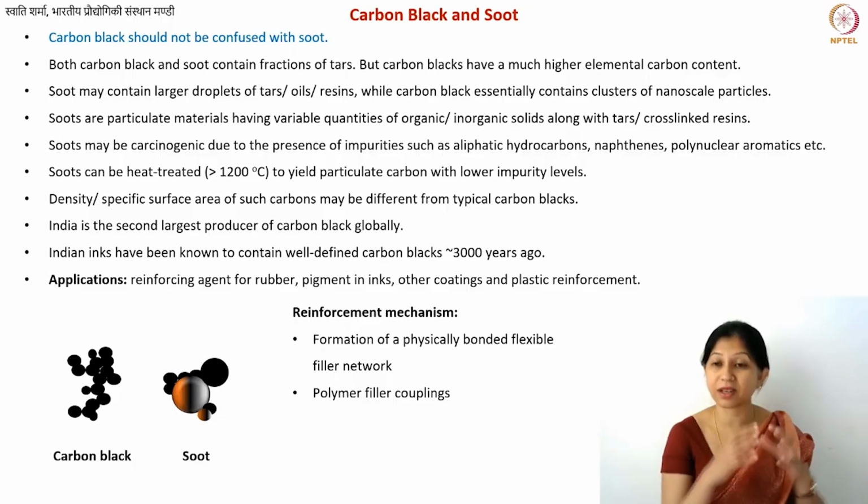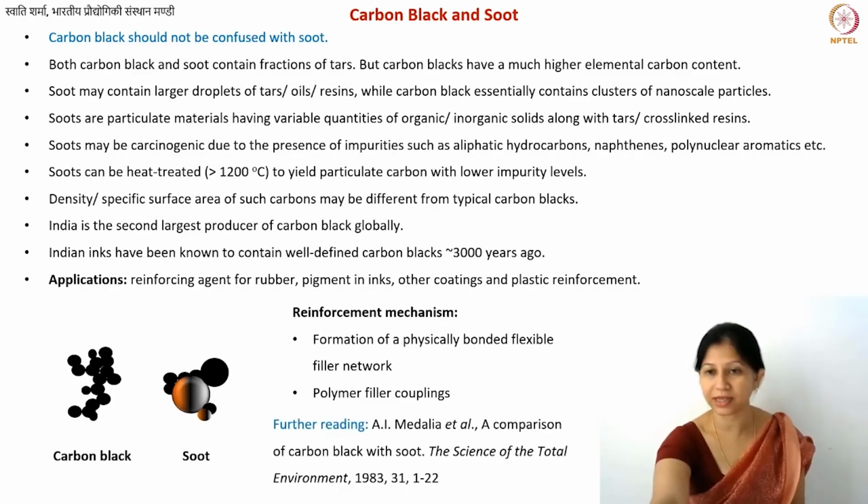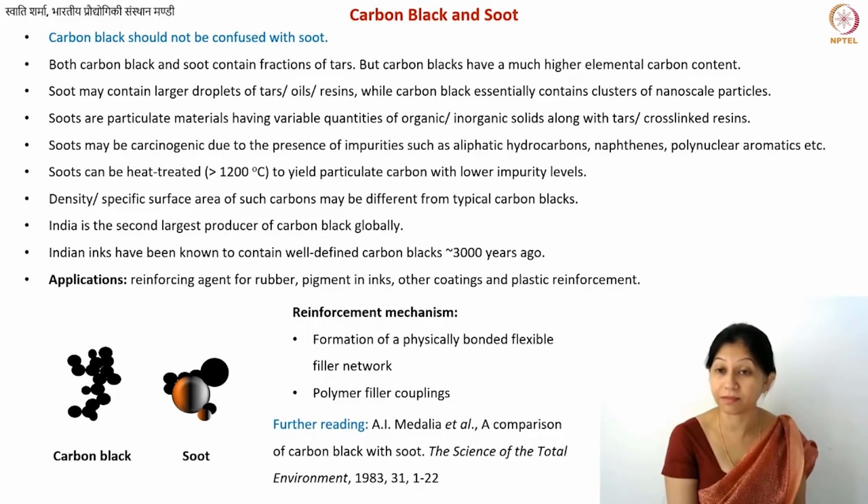Also, you may have certain radicals present on the surface, and these radicals can actually enhance the rate of polymerization in a polymer. So this is another mechanism by which, on the surface of the carbon black particles, there is an improved rate of polymerization of your matrix phase. This is how you basically get your rubbers with better mechanical properties.